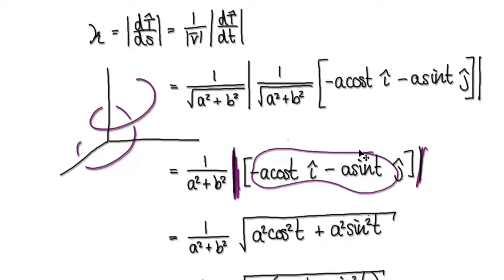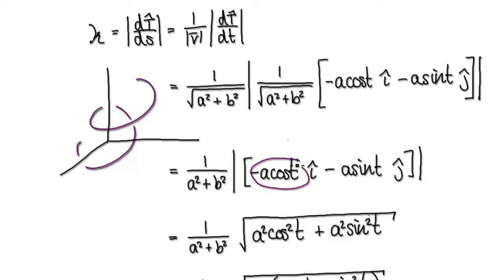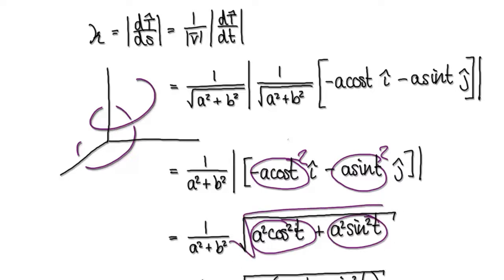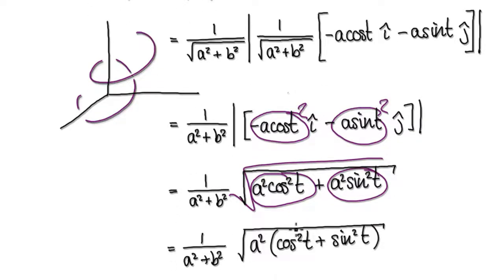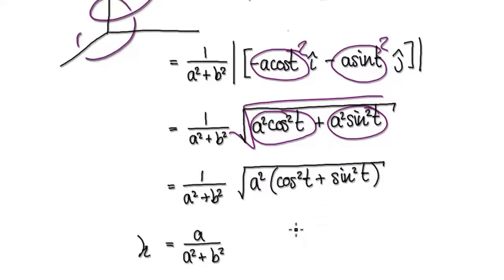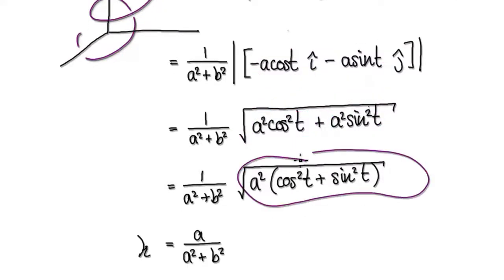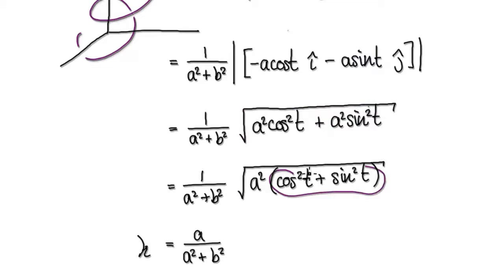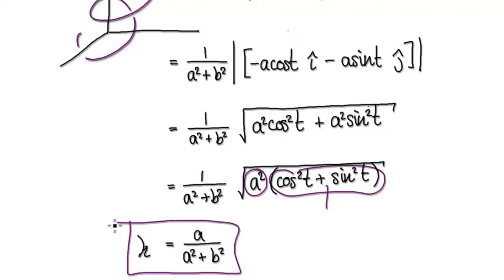Using Pythagoras, square this, that will give us this, and then square this, that will give us this. Square root the whole thing, and that will give us the magnitude. So the magnitude is really this whole thing here. This thing here is going to be 1, the square root of a squared will be a. So the curvature is given by this.